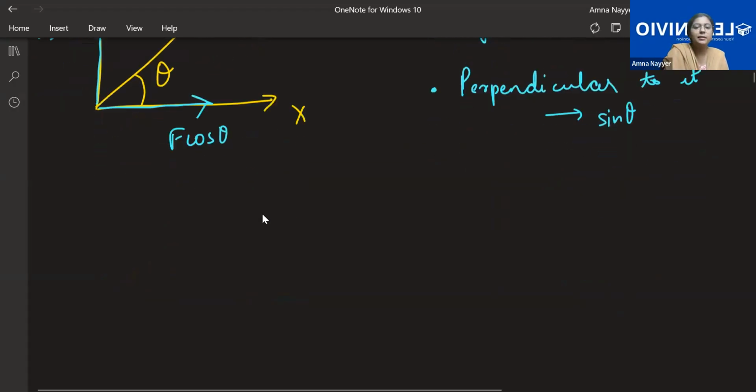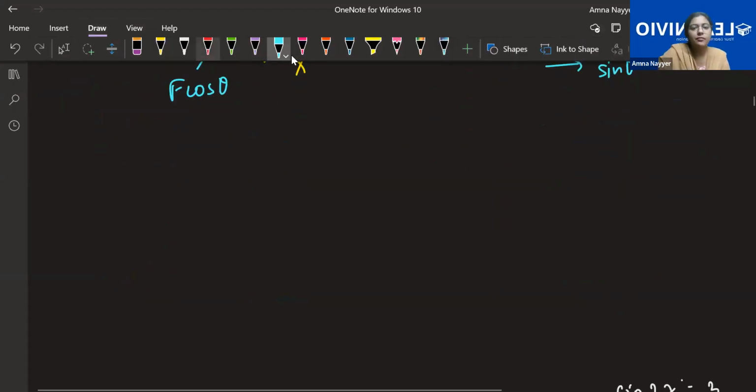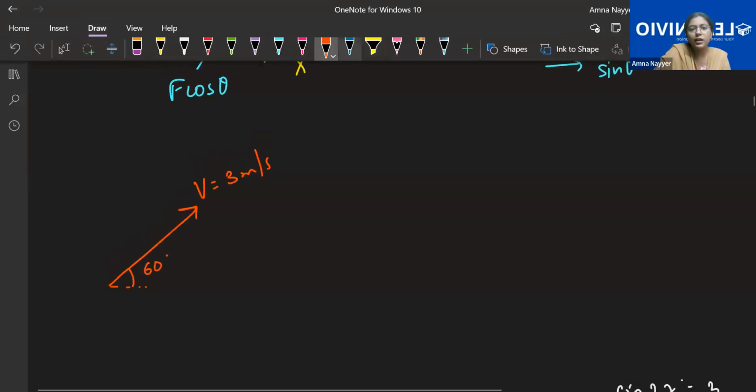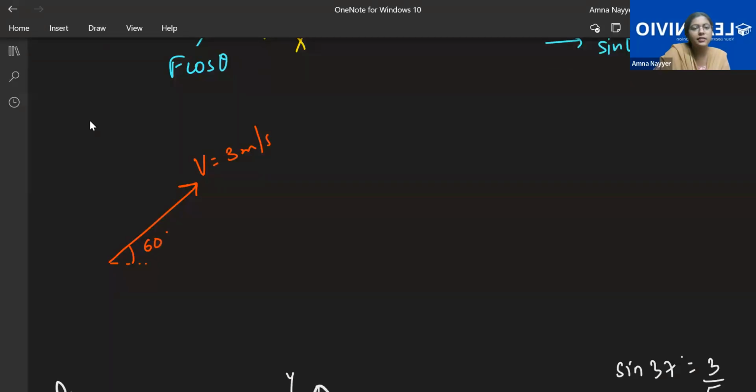Let me give you one example. Let's say we have a velocity of 3 meters per second, and I have given you this angle as 60 degrees. Now you are to calculate the components. The component adjacent to the angle will be your cos component.